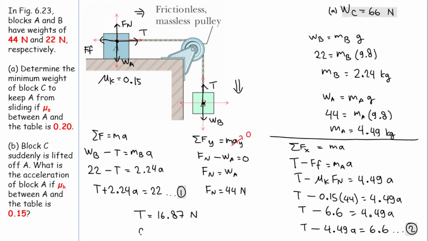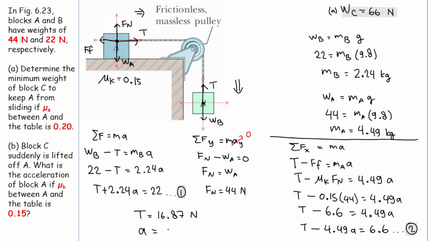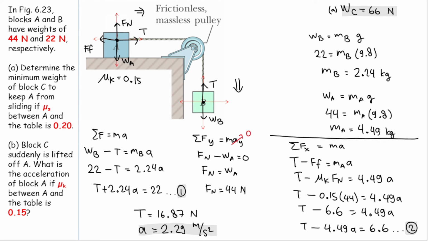The y value is our acceleration, which we are looking for. That will be 2.29, and the unit is meter per square second. So that is the answer for question B, which is 2.29 meter per square second.